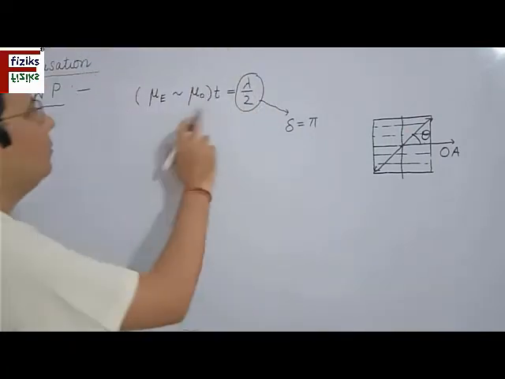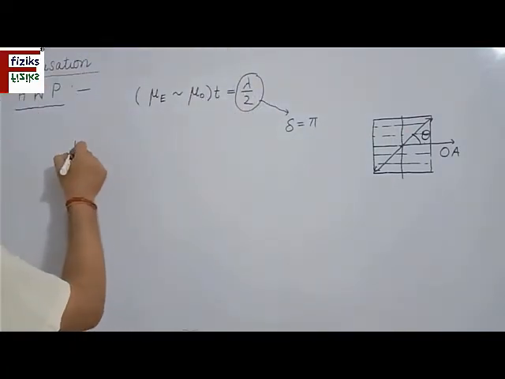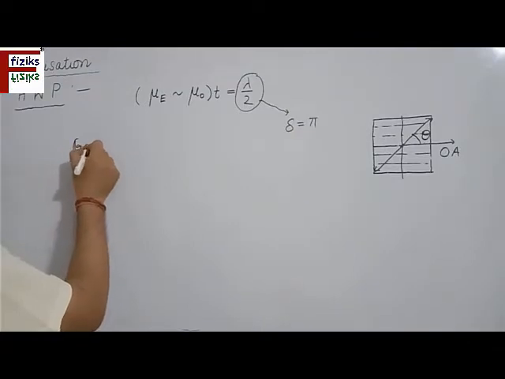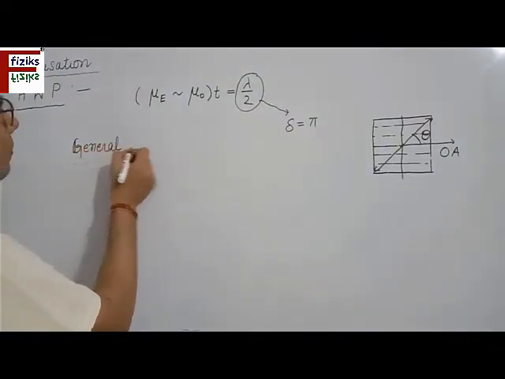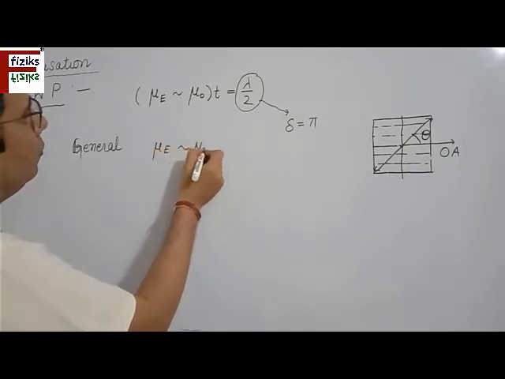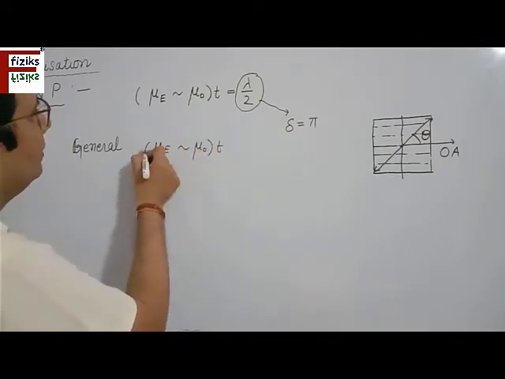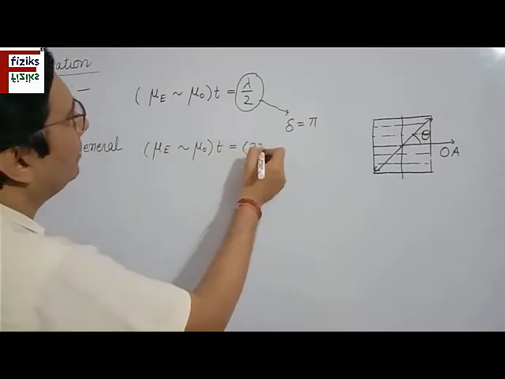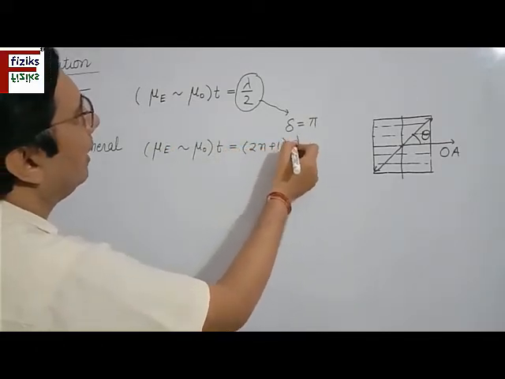Now this is the most general formula: (mu E minus mu O) into T equal to (2n plus 1) lambda by 2.